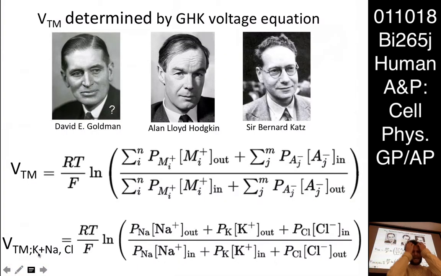All right, so now I gave you a profoundly simplistic view of it. A lot of times students imagine that huge amounts of ions are sloshing here and there. And actually the real perturbations in concentrations of sodium and potassium are quite small. And the real way to determine transmembrane potential, the VTM, is the Goldman-Hodgkin-Katz voltage equation.